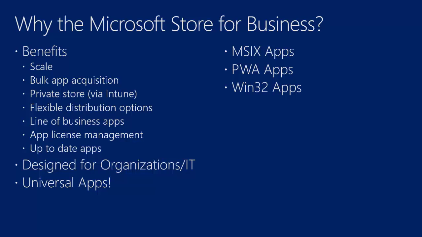Being able to acquire apps in bulk, publish apps where you choose to, in bulk, having that ability to have the private store, the curated experience we talked about via Intune, right, is a very good reason. Having flexible choices for distribution options, as we just talked about.